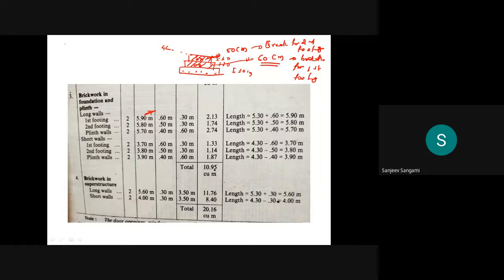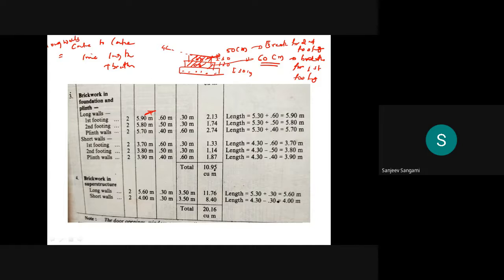According to our method of formulation, center to center line length plus one breadth you have to add for the long walls. For short walls you have to deduct it. That's it.